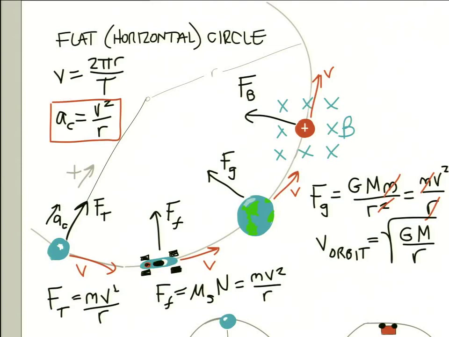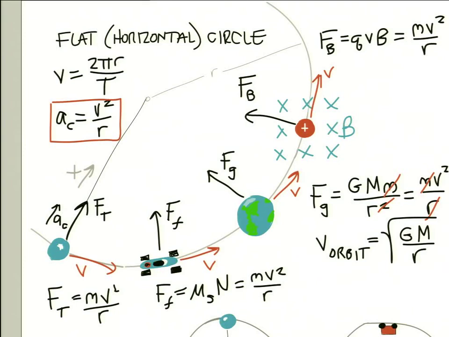This magnetic force can then be written with the actual equations. This magnetic force is equal to charge times velocity times the strength of the field, that's qvB. And this qvB is going to be equal to mv squared divided by r.